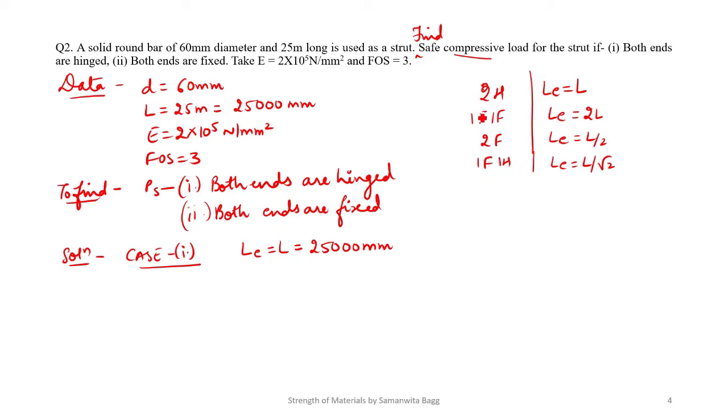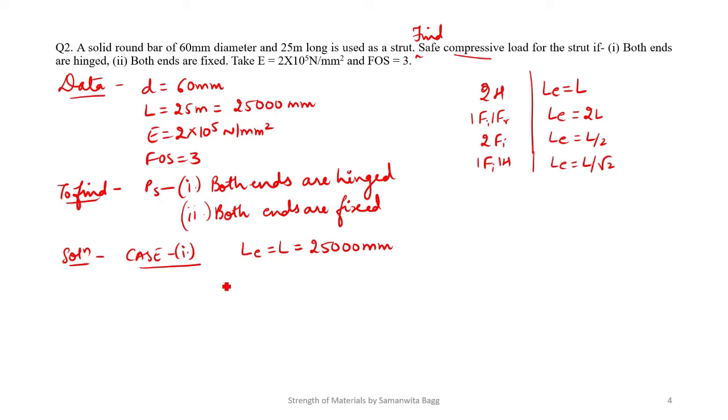When I say 1F, 1F, one end is fixed, one is free. When I say 2F, if both ends were free, then you cannot apply a load. It will just slip off if it's a free end. So this obviously has to be fixed. And here also it is one fixed, one hinged. So this way you can remember the table.